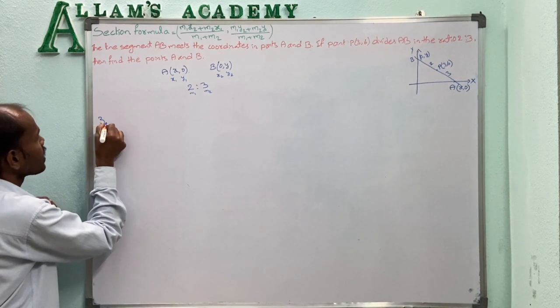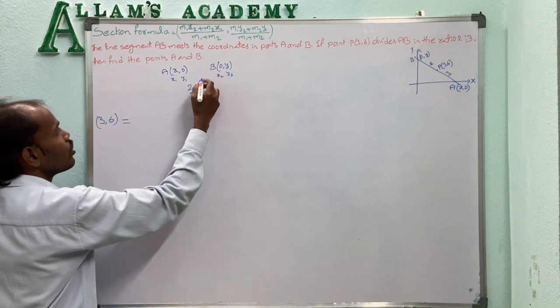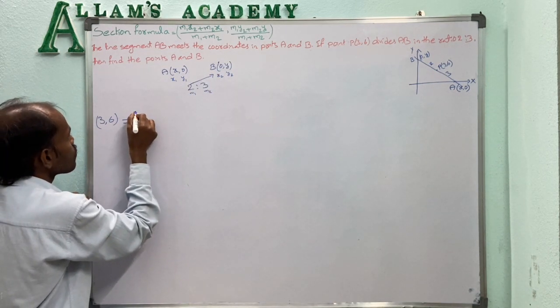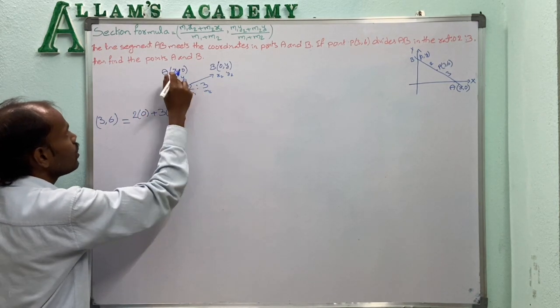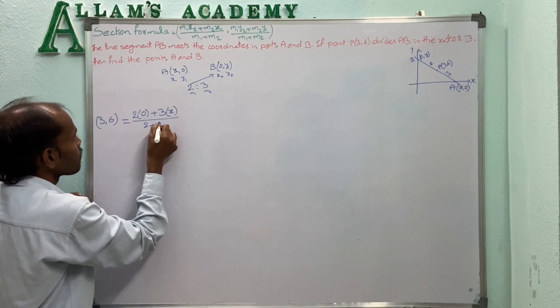Now we get (3, 6) is equal to m1 x2, so 2 into x2 is 0, so 2 into 0 plus m2, 3 into x1, that is x, by 2 plus 3.